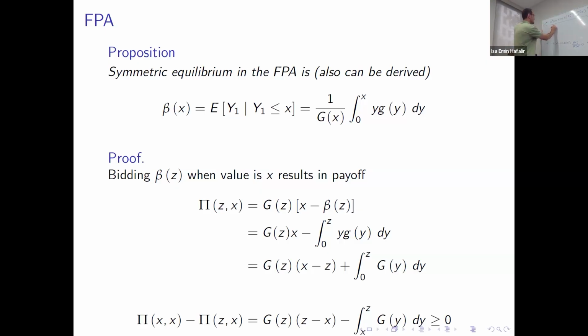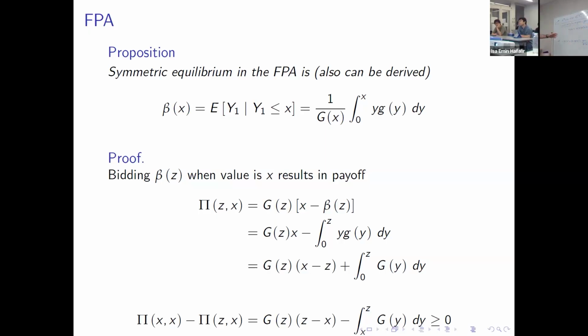Minus G of X beta prime of X plus X g of X minus g of X beta of X is equal to 0 for all X. Now, if I take the negative parts onto the other side, then I get X g of X is equal to G of X beta prime of X plus small g of X beta of X.